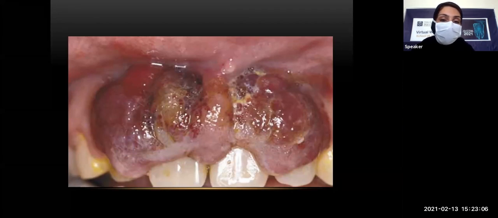This malignant lesion may mimic some reactive or tumor-like lesions in the oral cavity, and it's very important for us to know and be aware of them so that we do not make a mistake and are not misled by this clinical feature. I also suggest that an incisional biopsy for this lesion is very, very important to rule out any malignant lesion.